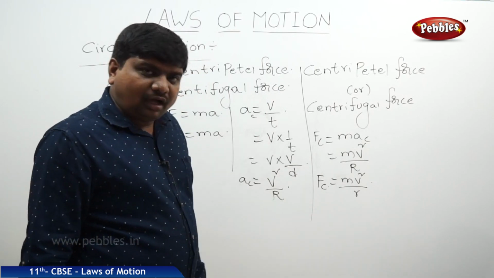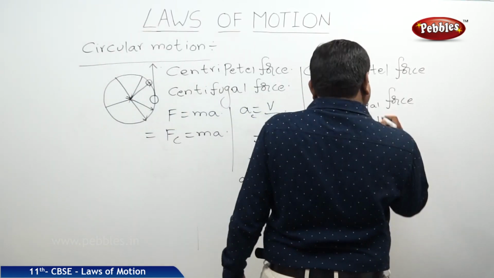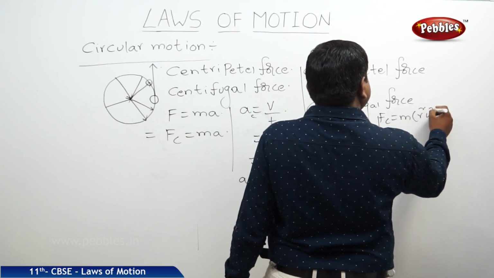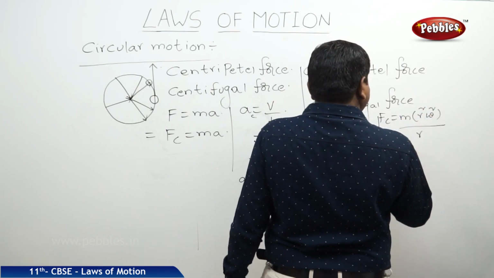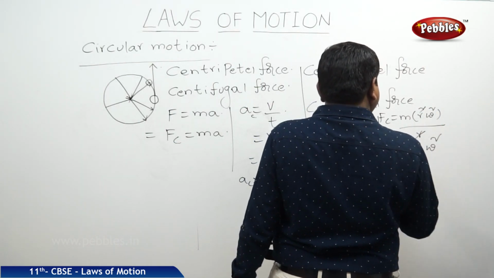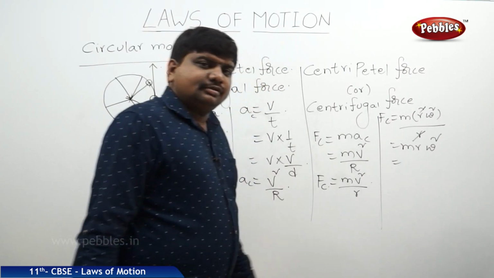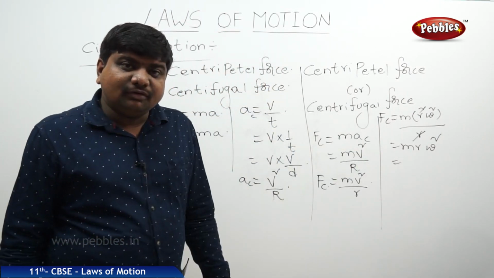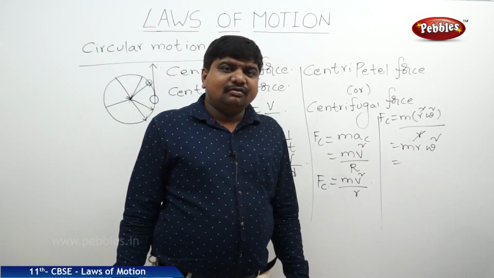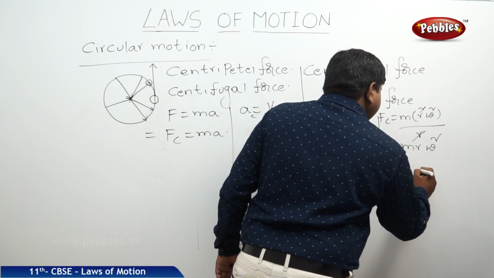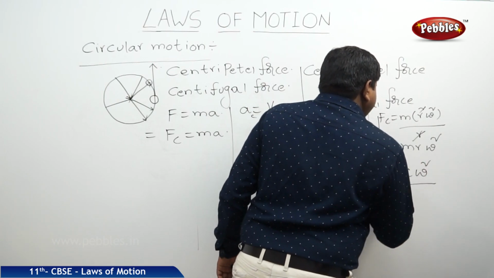We know that v is equal to r omega. Therefore Fc is equal to m into r square omega square by r, which is m r omega square. So like this we can define the centripetal force or centrifugal force. This force is directly proportional to the square of the angular frequency.